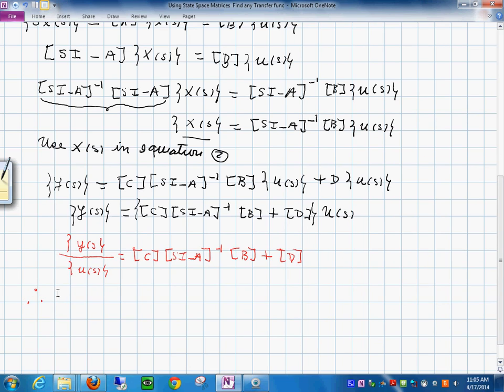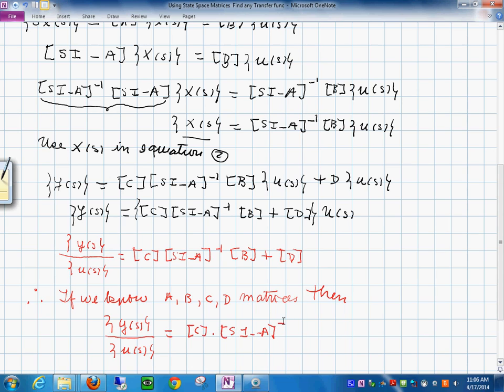You could say, if we know the A, the B, the C, and the D matrices, then Y of s over U of s equals what we have in here, the matrix C times the sI minus A inverse multiplied by the matrix B plus the matrix D.